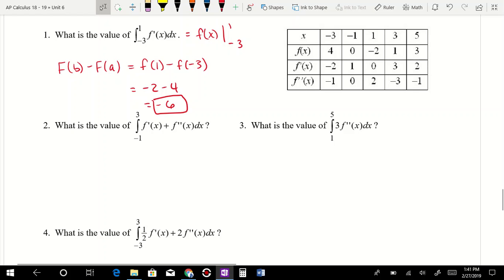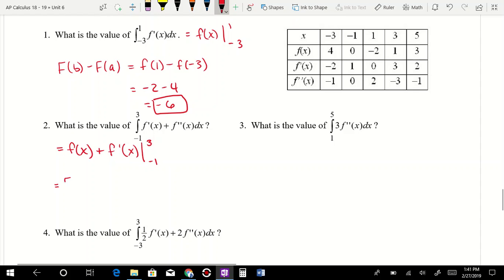Similarly, 2 and 3 do not require too much work, because when you find the antiderivative of 2, that is just saying the antiderivative of f prime of x is f of x, and the antiderivative of f double prime of x is f prime of x. And we're looking for the interval from -1 to 3.